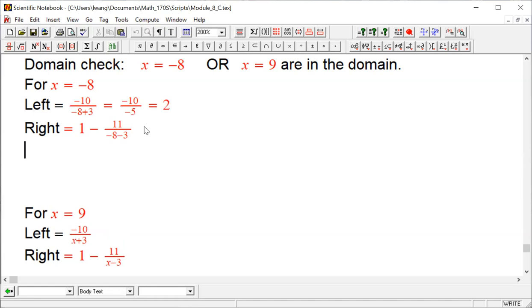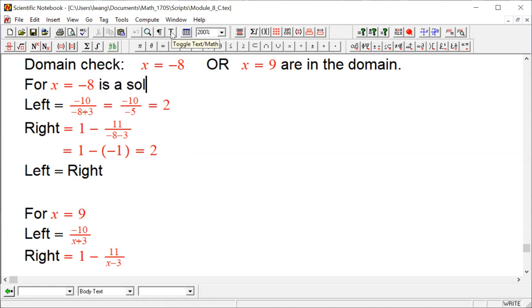The right-hand side, we get 1 minus 11 over negative 11. That's going to be negative 1, and that's going to be positive 2. So left equals right. So we can say x equals negative 8 is a solution to the equation.